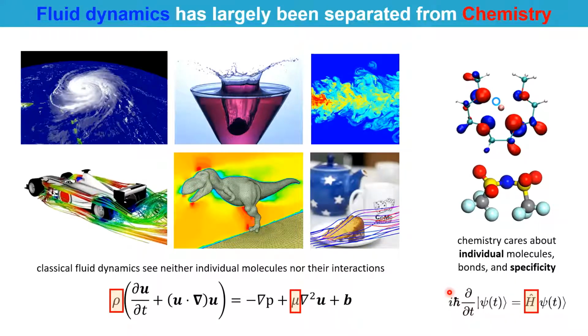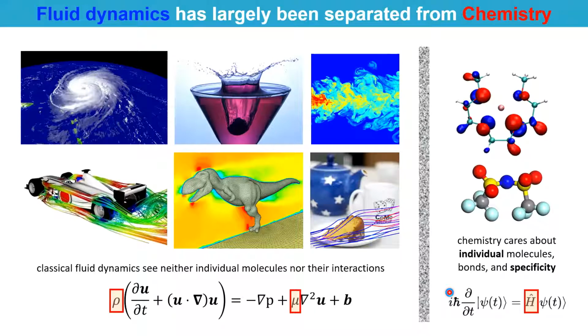So on one side we have fluid dynamics, where we really don't see individual molecules, or we don't care about their interactions as long as we get our density and viscosity correct. On the other side we have chemistry, which is relentlessly focusing on molecules and even smaller electrons. So it's fair to say that fluid dynamics has been largely separated from chemistry in the past.